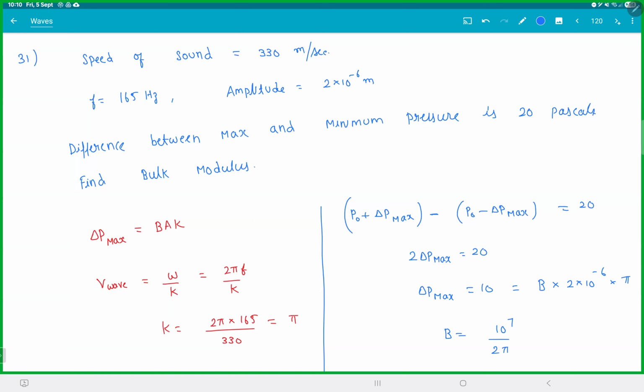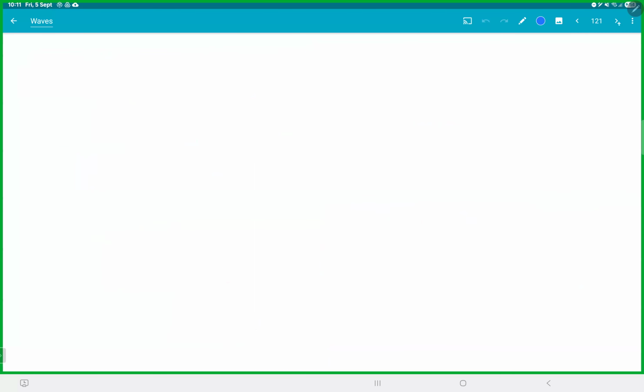Next thing, speed of a longitudinal wave. Again, we'll not get into the derivation for the speed part. So remember, we're writing for a longitudinal wave, and sound wave is a special case.